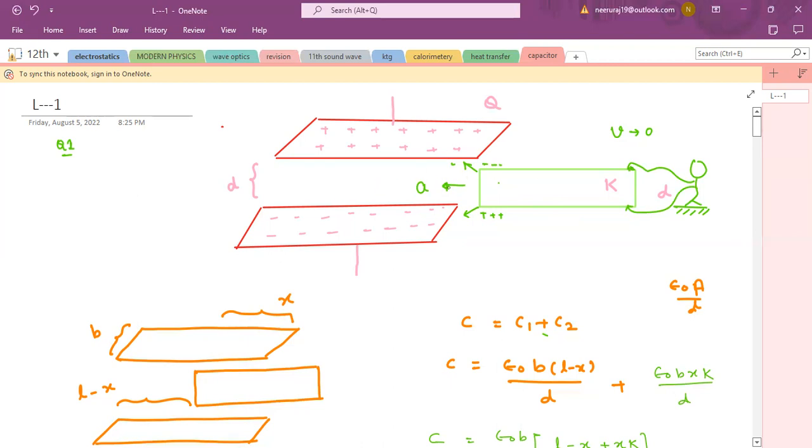This electrostatic force is pulling the slab inside, and this external agent needs to apply force in this direction, right? So we need to find out how much is the force applied by this external agent to move the slab slowly. That is the question.